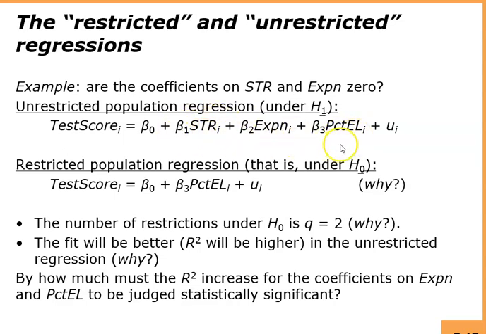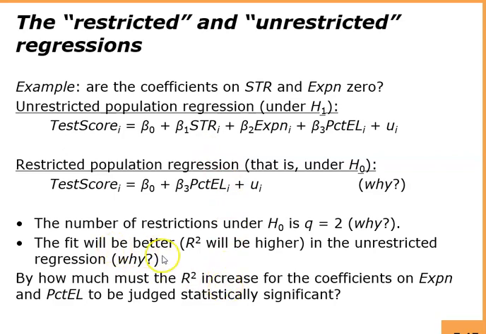And then we estimate the restricted population regression, in which you will not include the student-teacher ratio and the expenditure per pupil. So only the percentage of English learners will remain in this equation. The number of restrictions under the null hypothesis is Q equals 2, because we are testing that beta 1 and beta 2 are equal to 0.